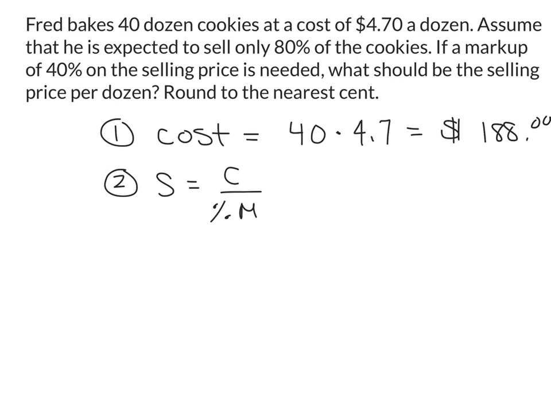The cost was found in step 1, so that's 188, and then the percent markup is given to us in the problem, and that's 40%. So we'll write that as a decimal as 0.4. So 188 divided by 0.4 is 470. So that means that the selling price of all cookies is $470, and that's with the 40% markup.